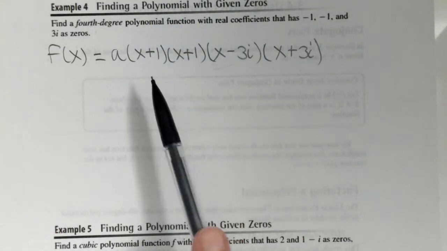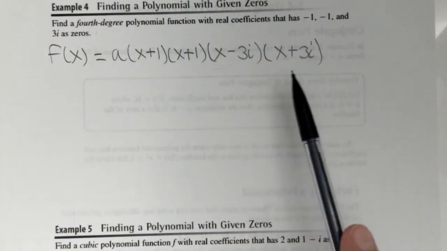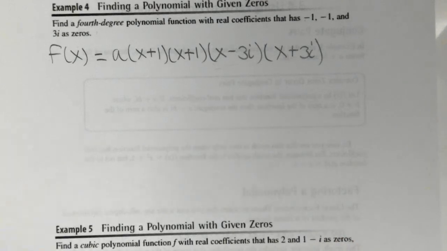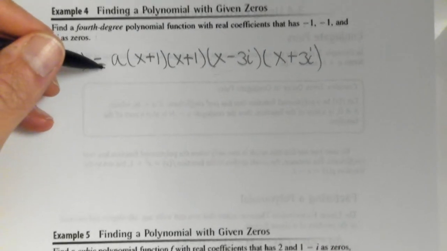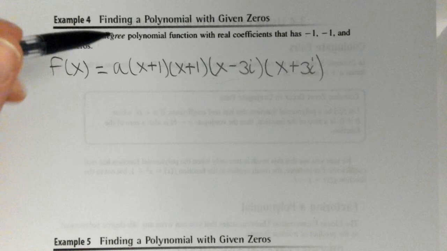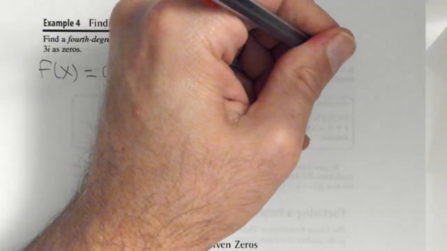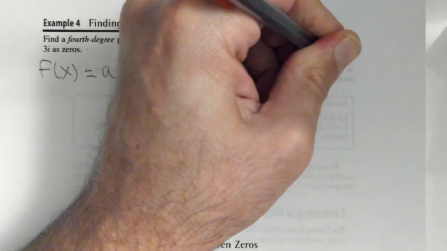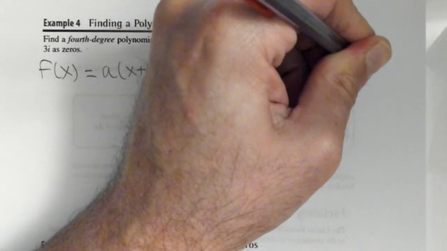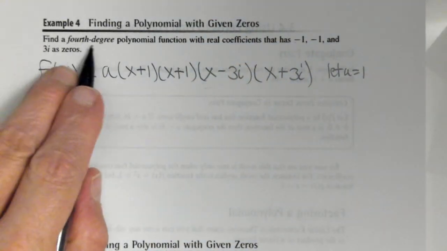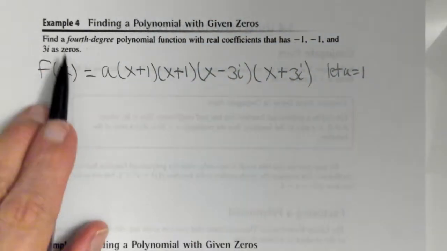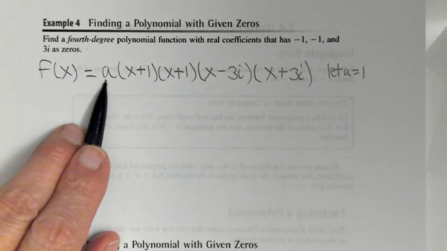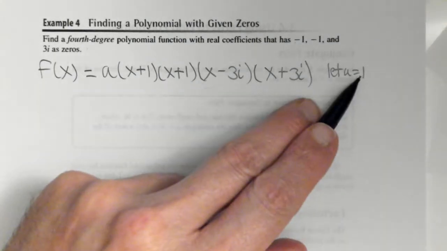Alright, now that we've got all of our zeros and we've written them all out as factors, I can make my life a lot easier by letting a equal 1. Remember, it's asking me to find a fourth degree polynomial, and I can find different ones by plugging in different values of a. I might as well let a be 1.